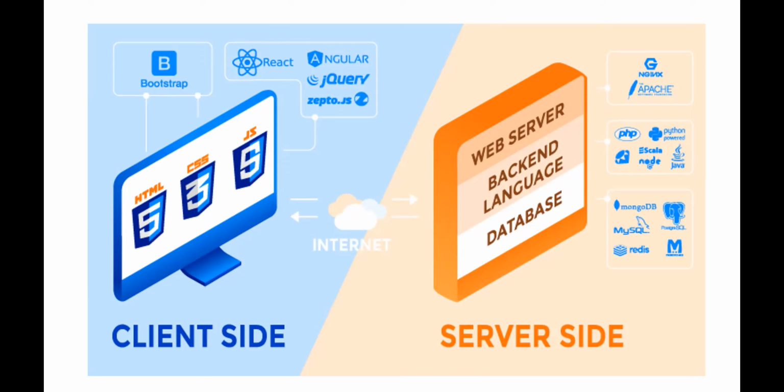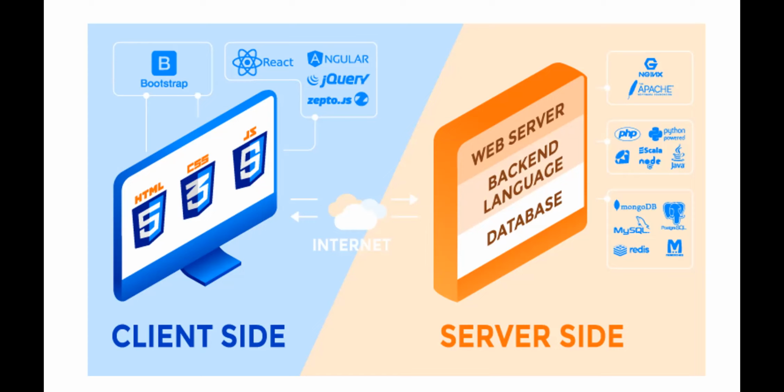In the client side, as you can see, it supports a graphical user interface. And these are some of the most popular technologies as well as frameworks: Bootstrap, React, Angular, jQuery, Swift.js. These are some of the technologies that you will see for the front end.